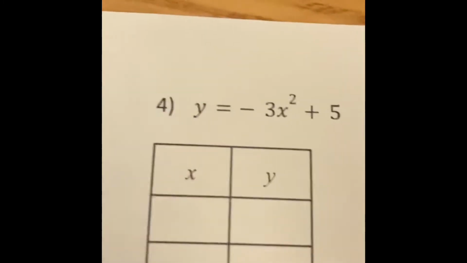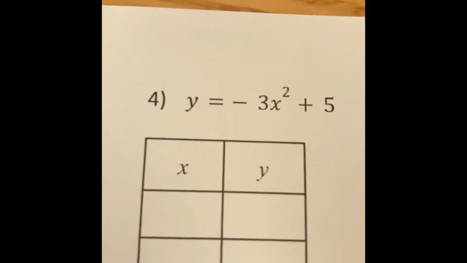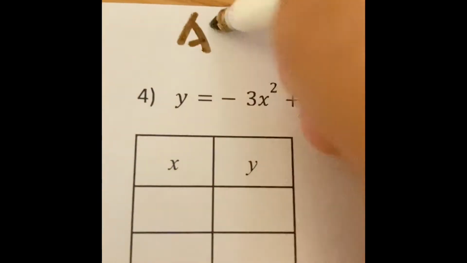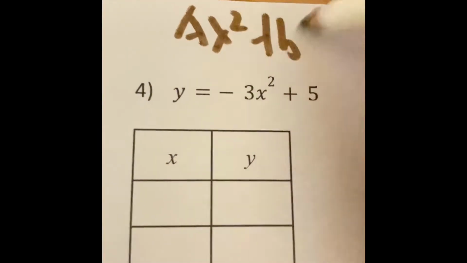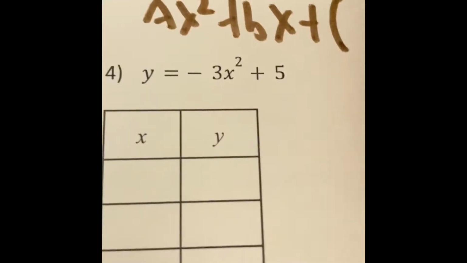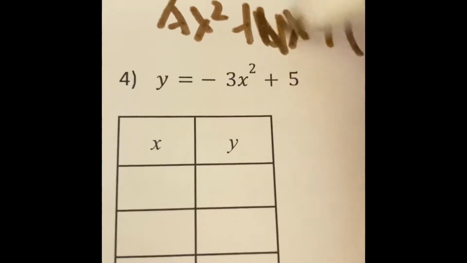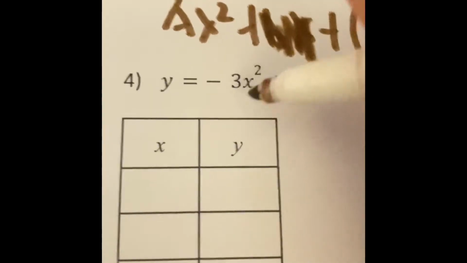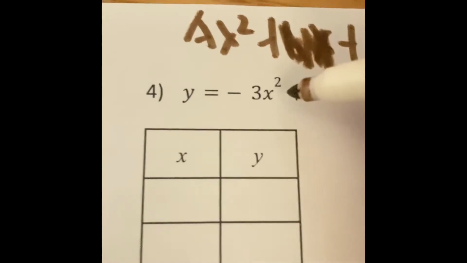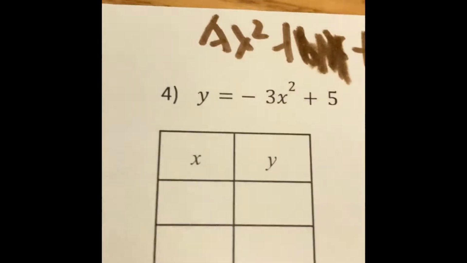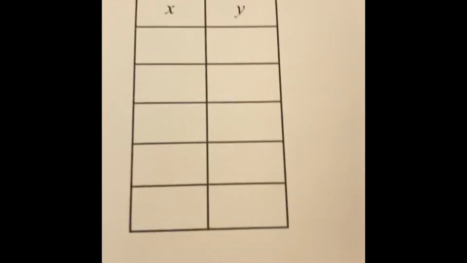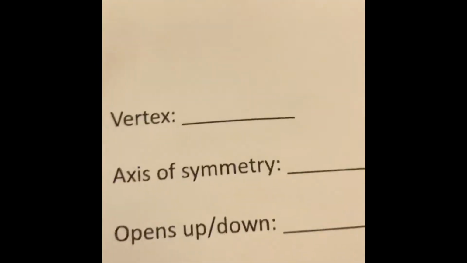When you take a look at that equation, it's in ax squared plus bx plus c form. But this time, there's no bx because there's no x in the middle of the quadratic trinomial. So we have a table, a graph, and some things we need to look up.